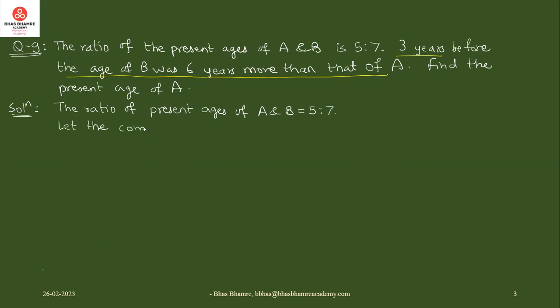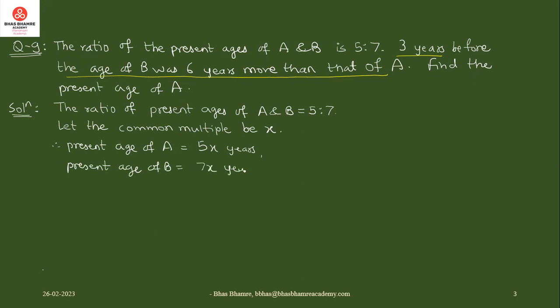Let the common multiple be x. Therefore, present age of A is 5x years, present age of B is 7x years. Present age of A is 5x. Present age of B is 7x.